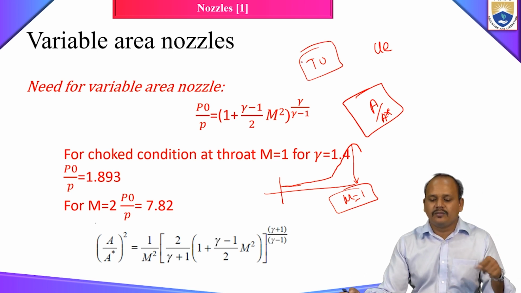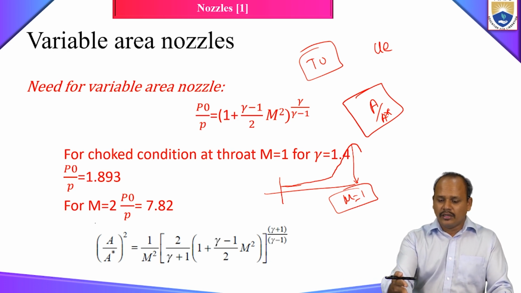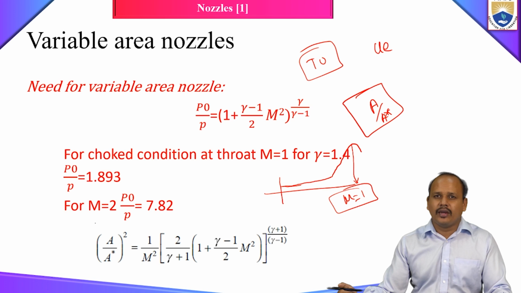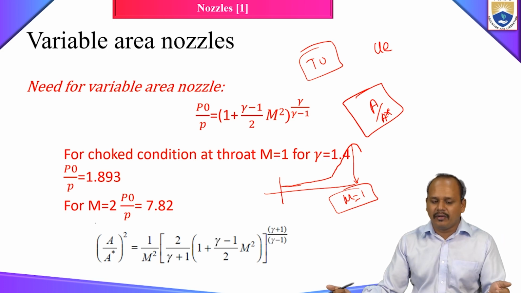As long as I increase my T0, I can increase the exit velocity. You can ask, why can't we increase the same temperature in the combustion chamber itself? It is because we have turbomachinery. After your combustion chamber, we have the turbine, and this turbine limits how much temperature I can increase in my combustion chamber.